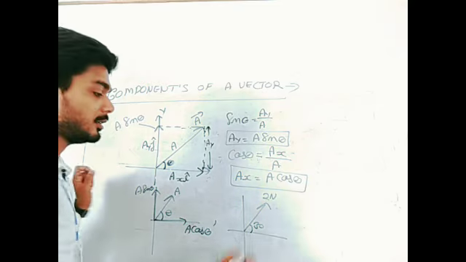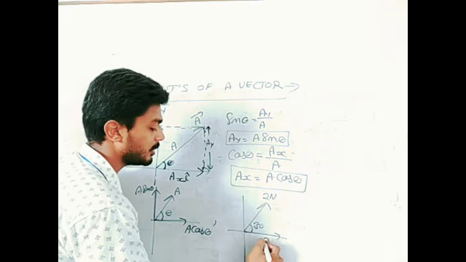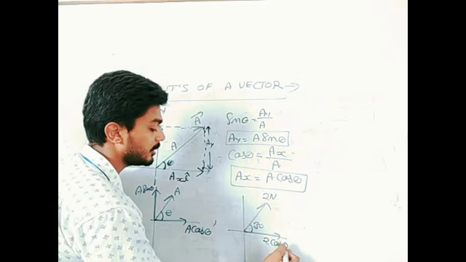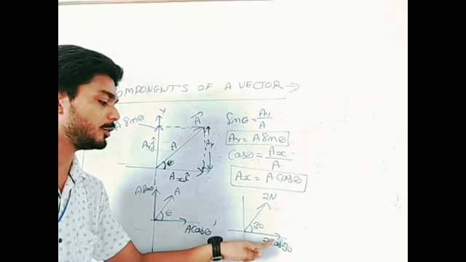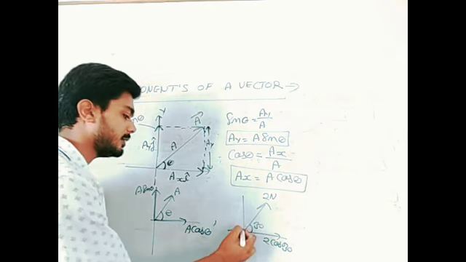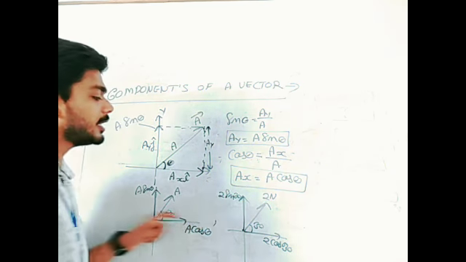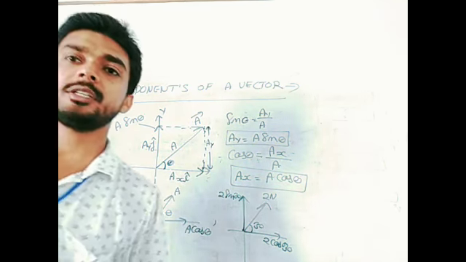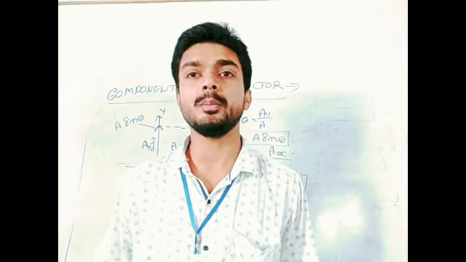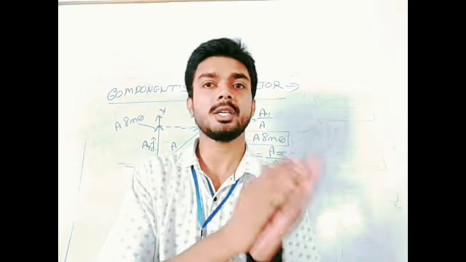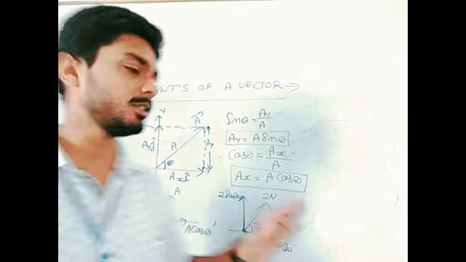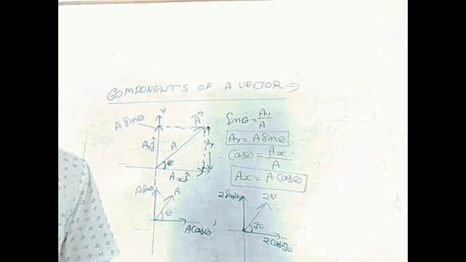Then you will write the two components: the x component will be 2 cos 30, and the other component will be 2 sin 30. Then a vector can be resolved into its two or three components using the i cap, j cap method or using this horizontal and vertical component method.